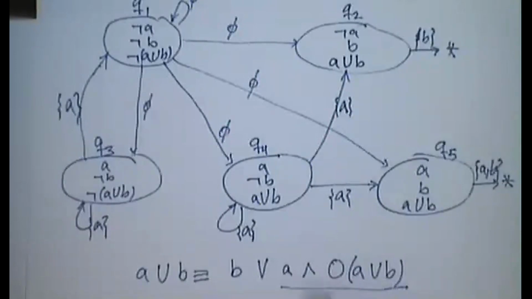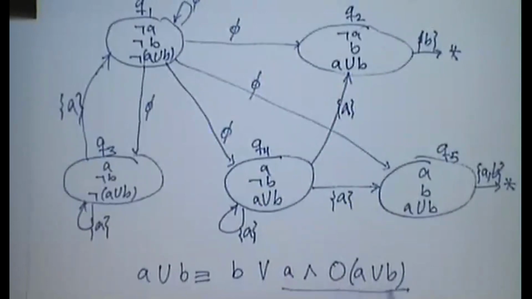Okay? So here I'm using that promise. I'm saying that I satisfy A right now, I don't satisfy B, so this part is not there, but I promise that in the next step, I will satisfy A until B.